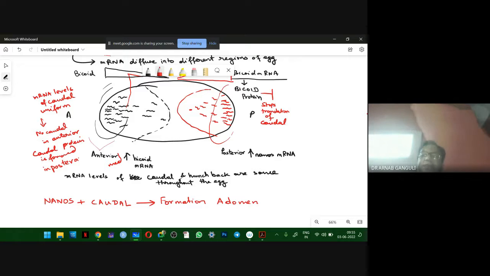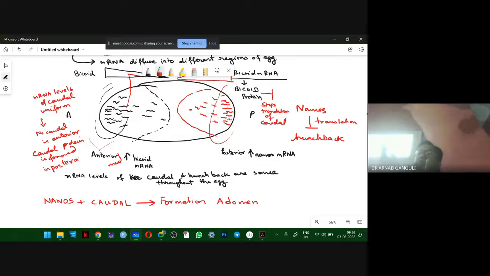Similarly, the other thing which happens: nanos protein inhibits the translation of hunchback. The concentration of hunchback mRNA is uniform throughout the egg, but nanos is inhibiting.